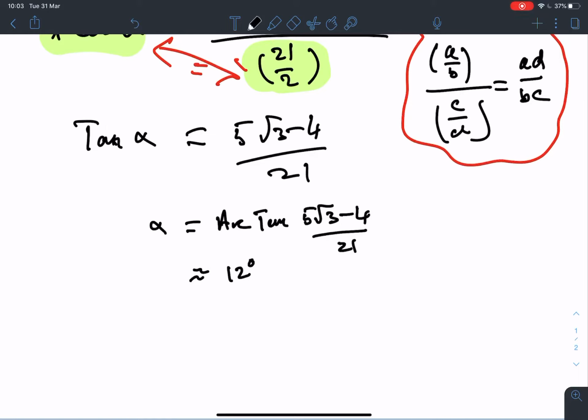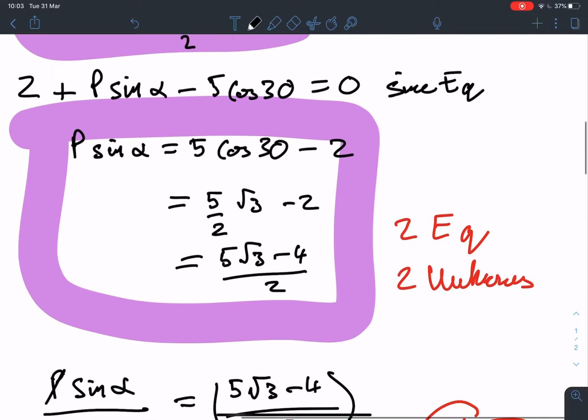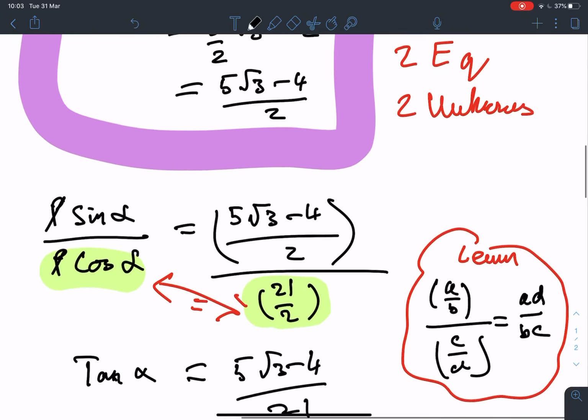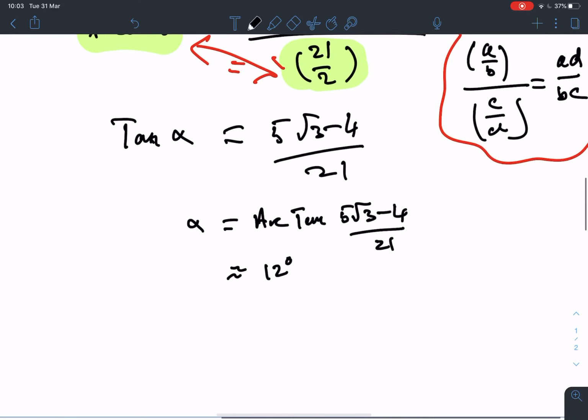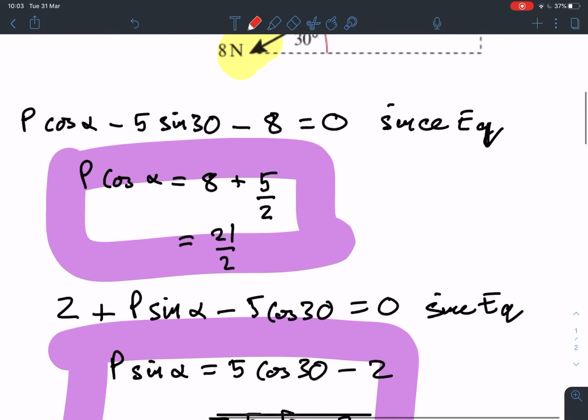Once we've got alpha, we can substitute back into one of the earlier equations. So we know P cos alpha equals 21 over 2. So we substitute back in. I'll call it capital A. So let's go back here, find the easiest one.